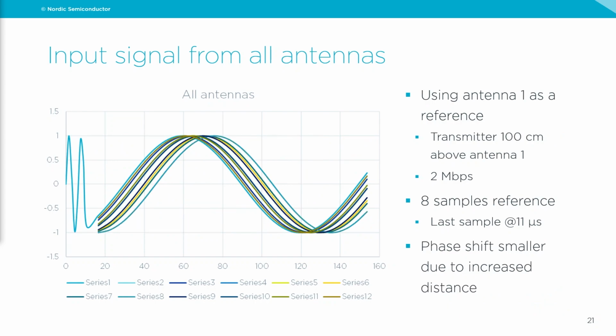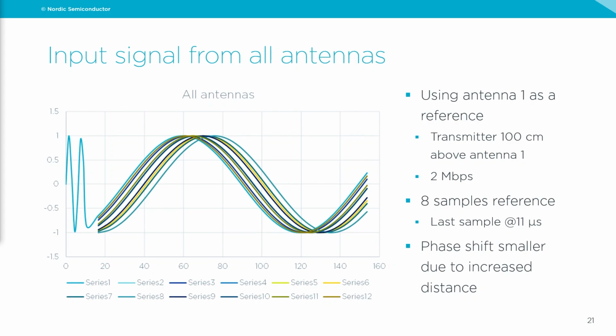If you increase the distance to 100 centimeters, the angles change, because the transmitter is a lot further away, so the angle difference between all of the antennas and the transmitter will be much lower. And since they become smaller, the phase difference between the signals will also be smaller, because the difference in length compared to the total length shrinks.